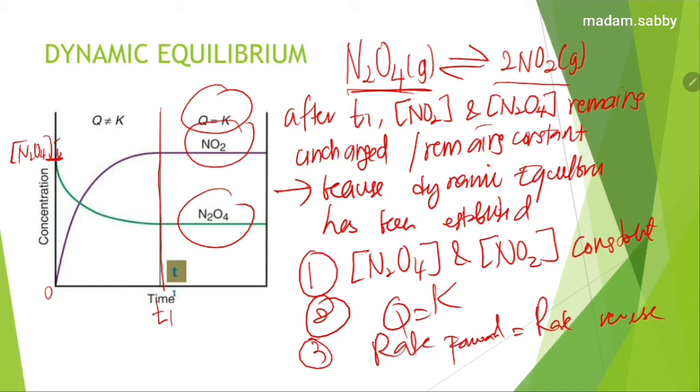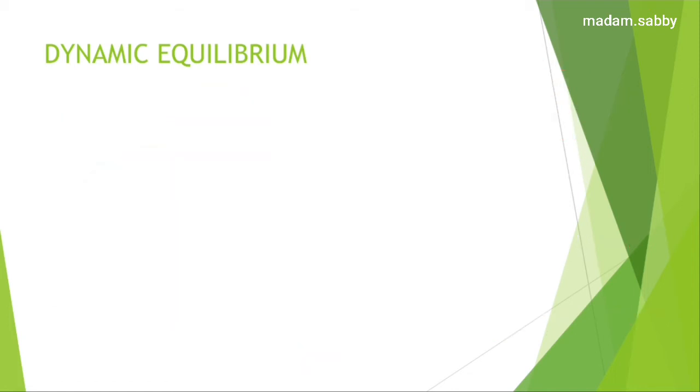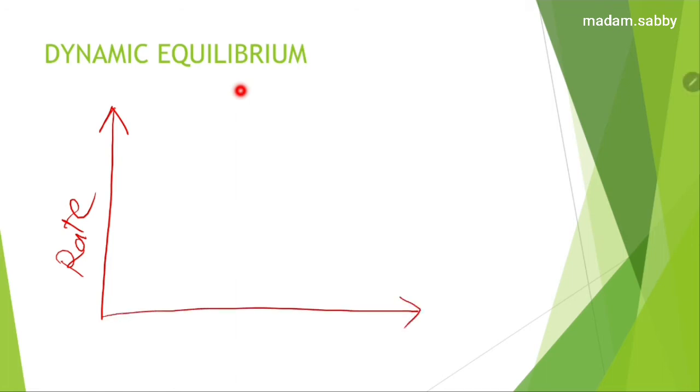So how does a plot of rate versus time look like? Okay, so let's draw one. On my y-axis I have rate. You're going to learn in more detail what rate is in the kinetics chapter in your semester 2. And my x-axis is time. So the forward reaction goes from up to down.